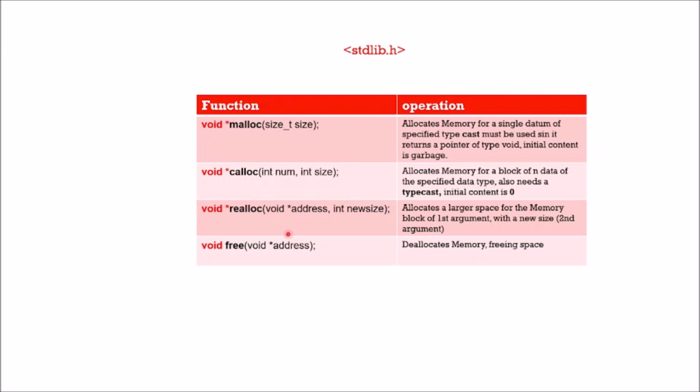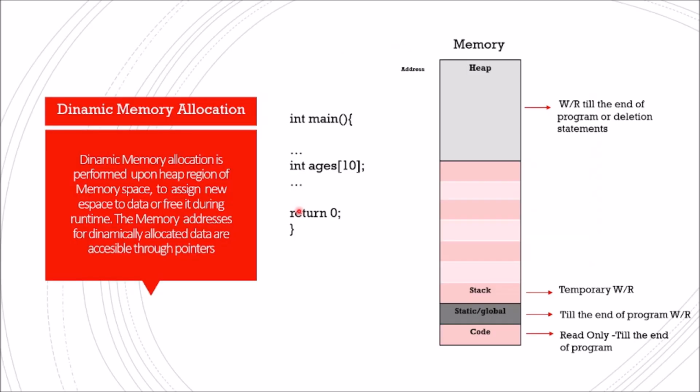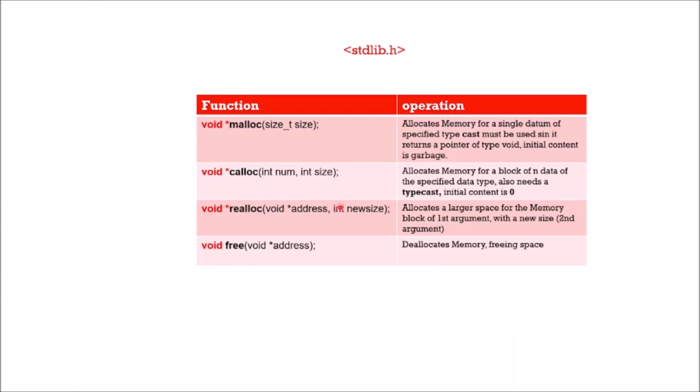But the advantage here is that I will keep the same previous data that I had in that memory block. So let's say, for instance, that for that array of ages, I had written already these 10 ages, but now I want the size to be 20.